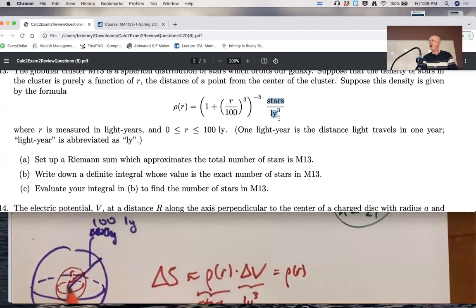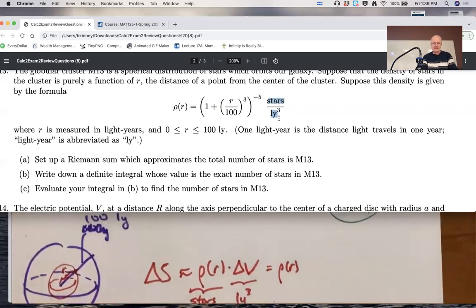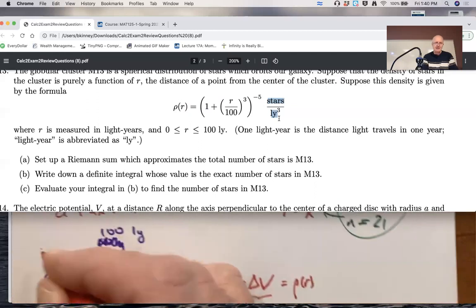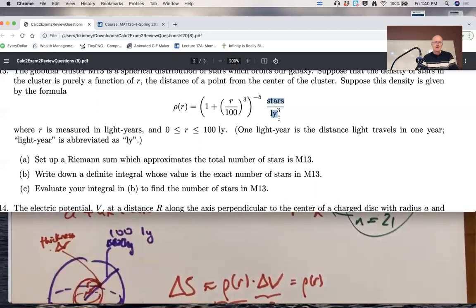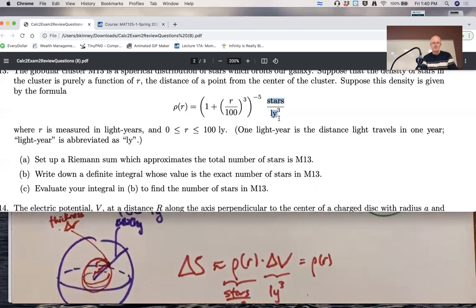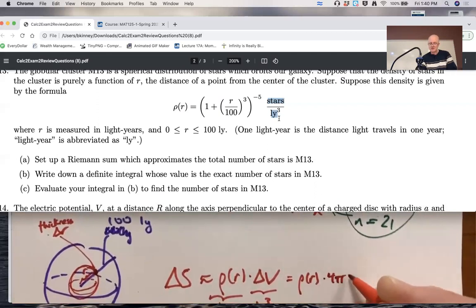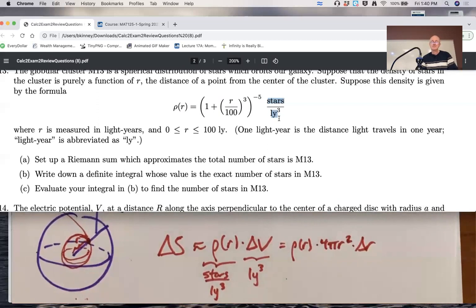I got to integrate with respect to R, right? R is the radius going from 0 to 100. I got to write the volume in terms of R, and maybe the thin thickness of this shell of a sphere, thickness delta R. Take that thickness, multiply times the surface area of the sphere, and you'll get the approximate volume of the thin shell. 4 pi r squared is the surface area of the sphere, and delta R is its approximate thickness of the thin shell.